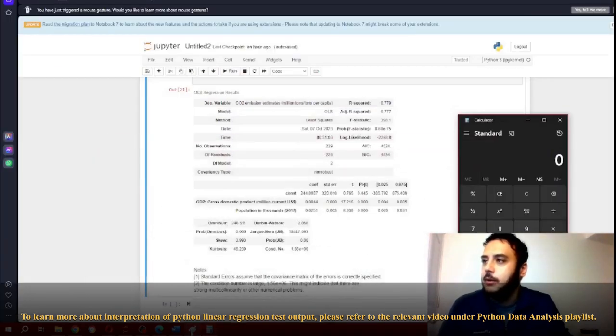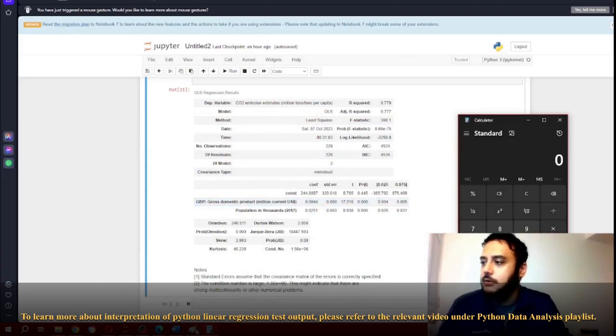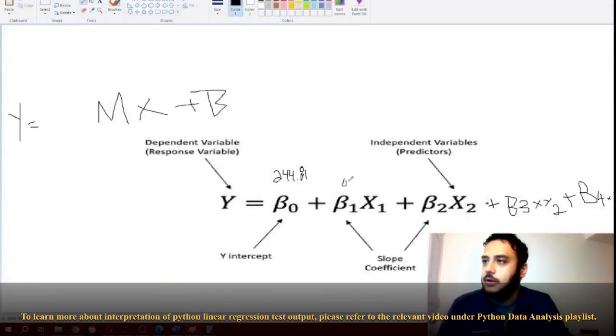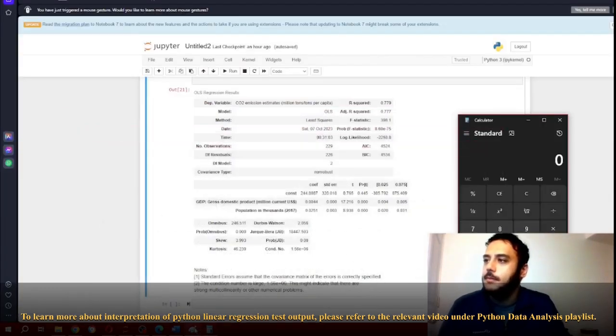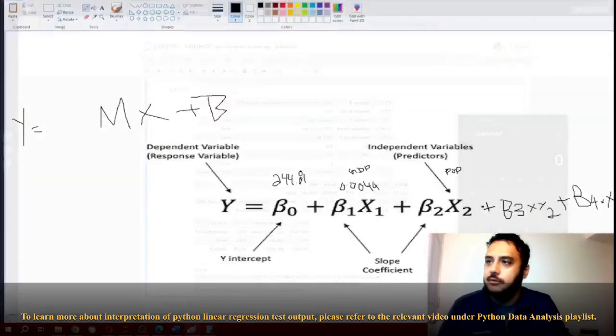And then the GDP IV would be 0.0044. I'm just going to simply call it GDP. And then the population IV will be 0.025. I will round it because it's only one digit, so 0.025.